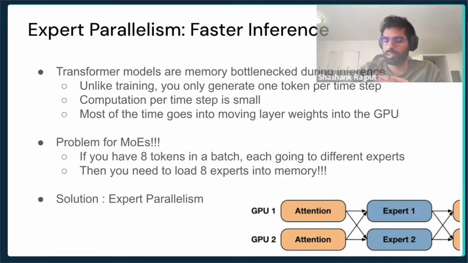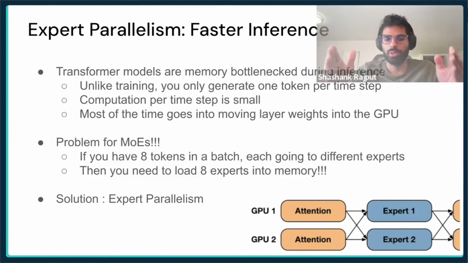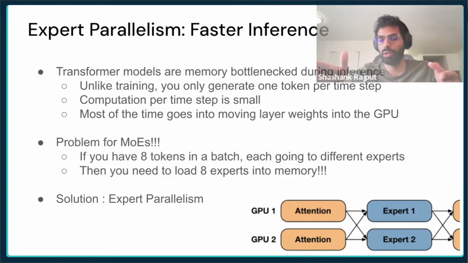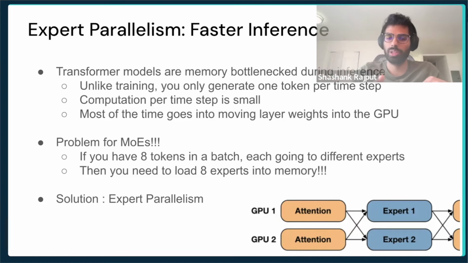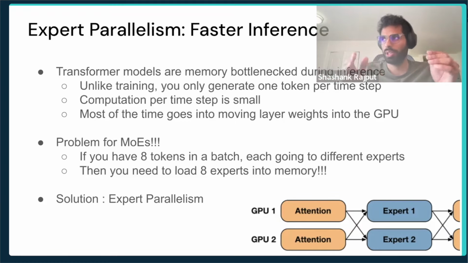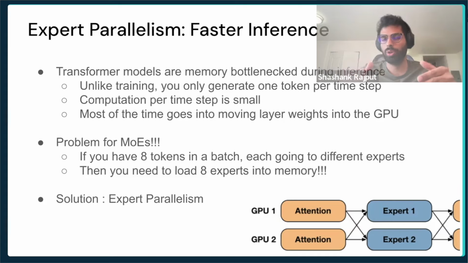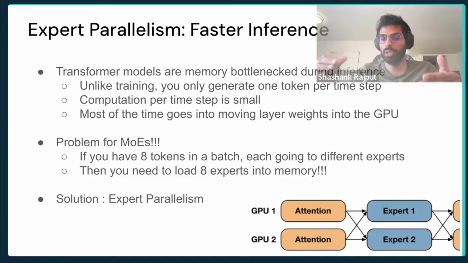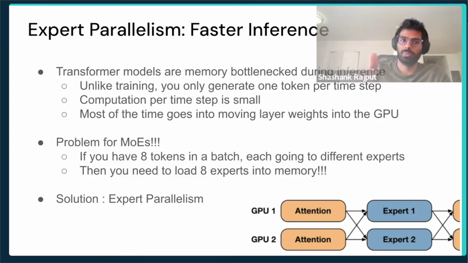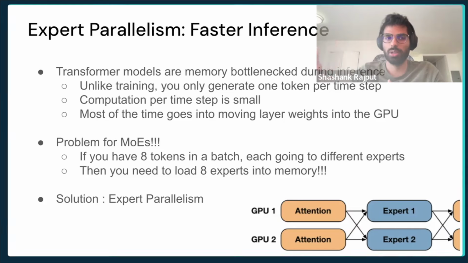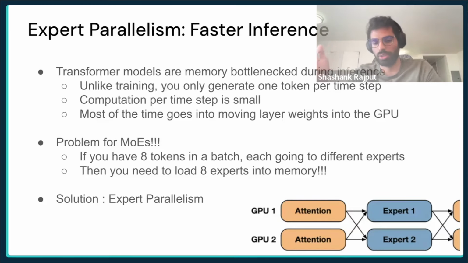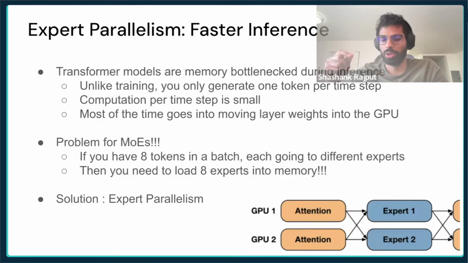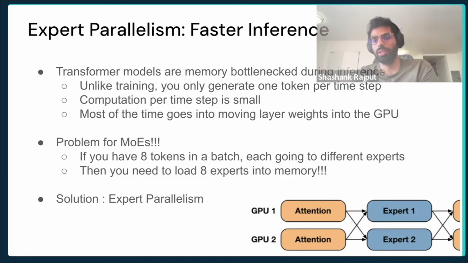If you compare, let's say, an MOE model with 50 billion active parameters and a dense model with 50 billion active parameters, indeed, the MOE model will be slightly slower for inference and training. But if you do expert parallelism and all the other optimizations, it would not be much slower than the dense.